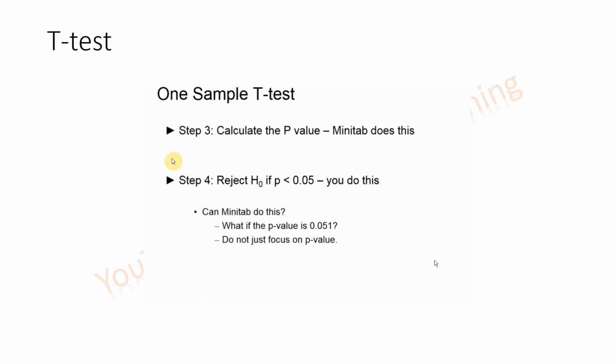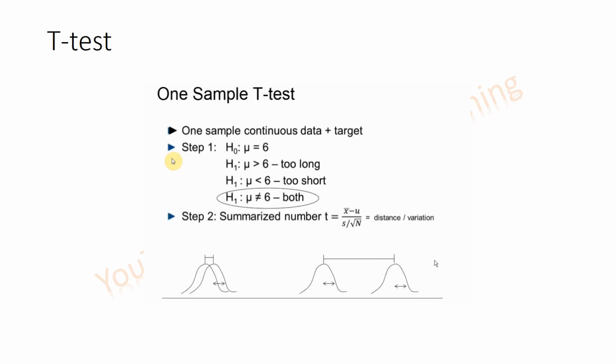Okay, next step, we calculate the p-value. If you still remember from uni, you have a T table based on the T value and also degrees of freedom, and you get the p-value. So this is going to help you find the p-value. This is the relation between T and P. If T is high, it's more likely they are different, then the P, which is the p-value, is going to be low.